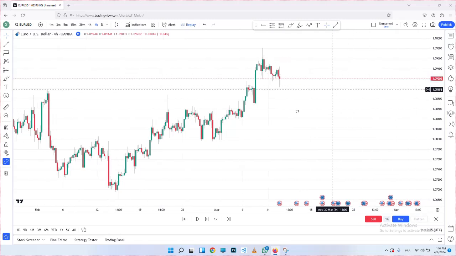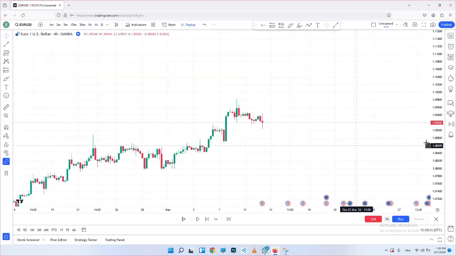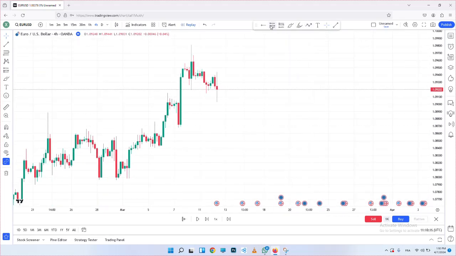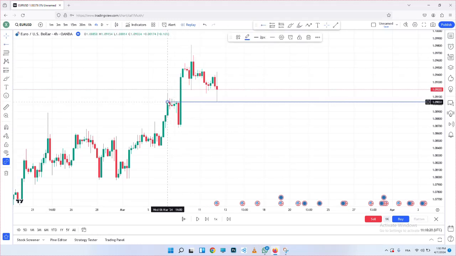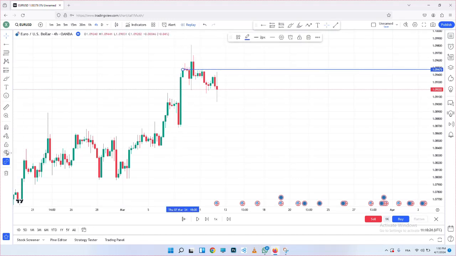I took this entry when price was creating this movement. The market was bullish, as you can see. We had our confirmation on this level that price is bullish. We had another confirmation that price was bullish on that level.